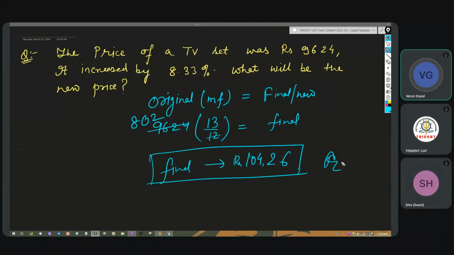The only time I used the calculator was in 2019 or 2020, I don't remember the exact year. One compound interest question came, and for that I had to use the calculator. Otherwise, the questions are given in such a way that you will never require the calculator. But yes, the calculator is there for some reason. It's present for your psychological reasons also. You can use it, there's nobody stopping you, but it will cost you. Your speed will get reduced significantly.